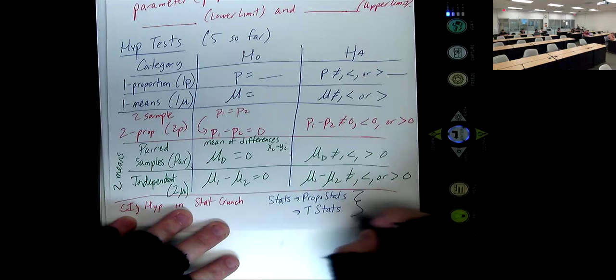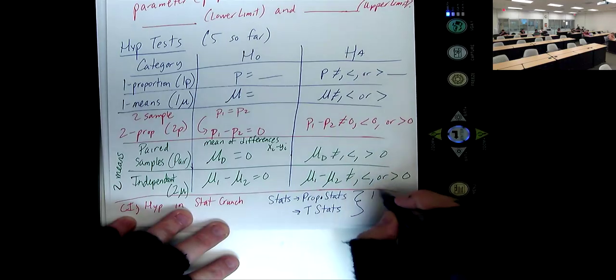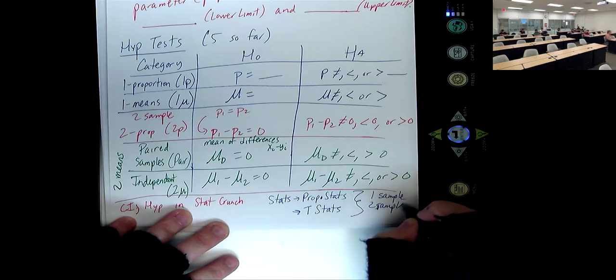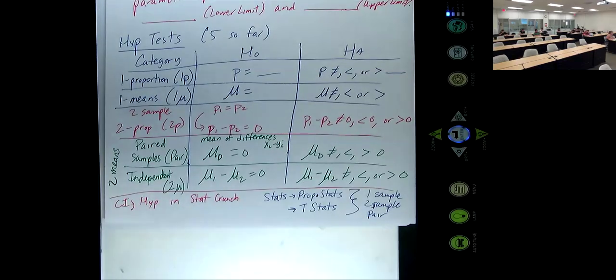And in here we have one sample, I'm sorry, yeah, one sample, 2 sample and paired for the T one. Only the T one has a pair. That's the only spots we've had to do for almost everything in your final.